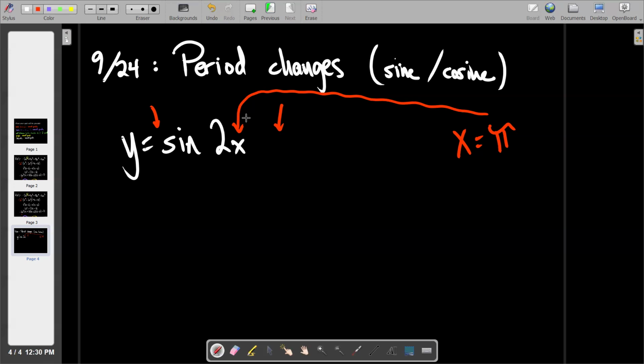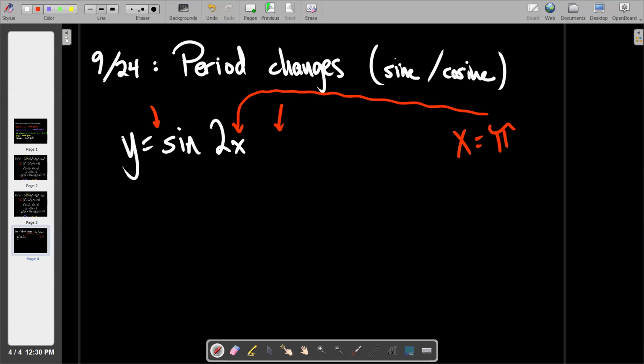And I say there's a very high chance that that made absolutely no sense. But by putting a number multiplied by X, it affects how much X you need to get a job done. There will be cases when you need more X to get a job done. You'll see that in example 2. And there are times when you need less X to get the same job done. And that's example 1 here. So let's get to it.